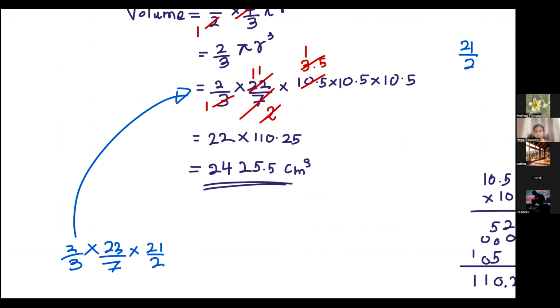There are 3 10.5s, so I write all three as 21 divided by 2. Then you can do the simplification, and you should get the same answer. Is this clear, Lamai? Okay, all right.